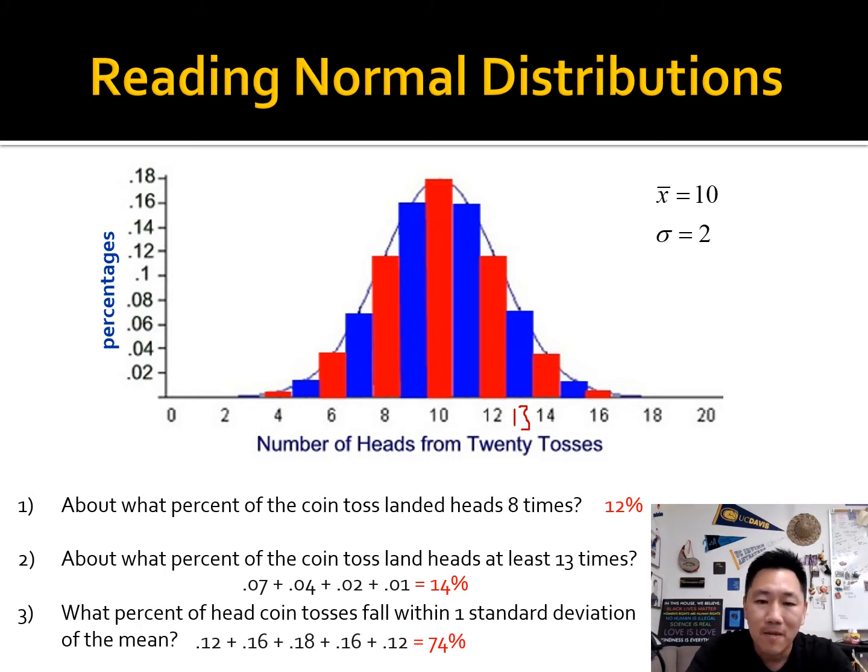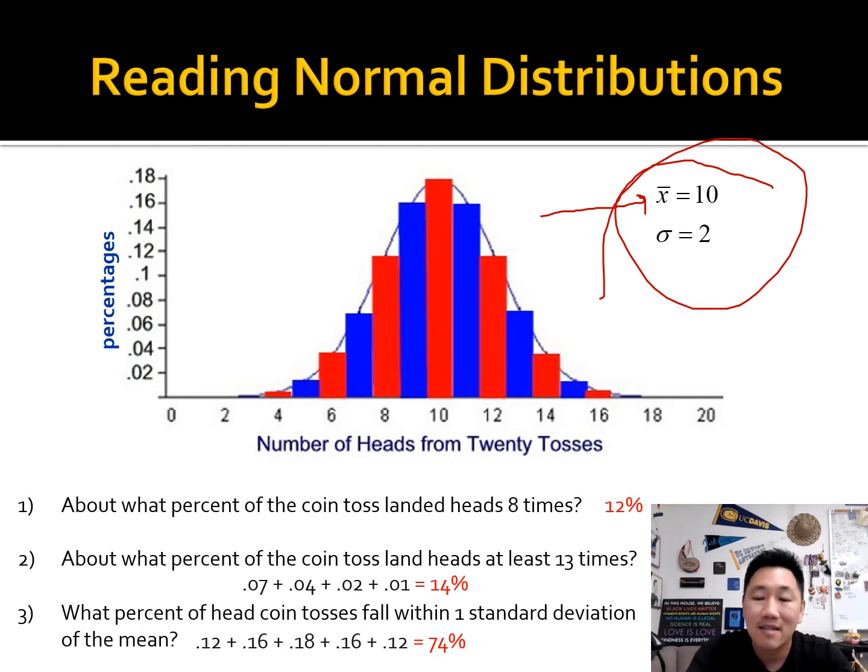All right, so here's when we look at the information that's given up here. Remember, X bar stands for the mean, the average, and then this lowercase sigma is the standard deviation. All right, so the mean is 10. So it's right in the middle, it's 10.